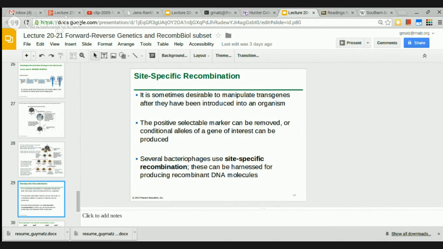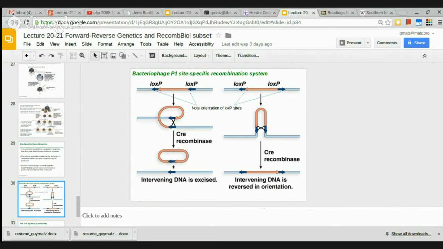The bacteriophage, we know, goes in and integrates itself into the bacterial genome, and it does it in a very specific way. We can harness that to our purposes. So an example of that is the P1 bacteriophage, which goes very specifically into DNA sequences that we call the LoxP sequence.